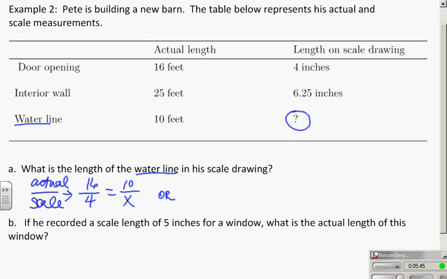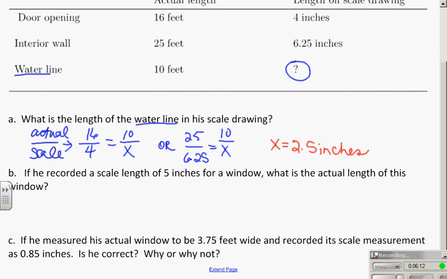Or I could use 25 compared to 6.25 would be equal to 10 compared to what I don't know. Either of those setups will get you the right answer. When you cross multiply and divide, you're going to find out that x is 2.5 inches.